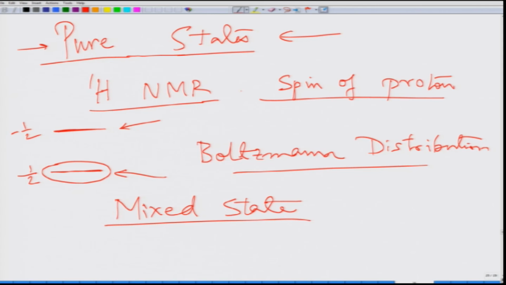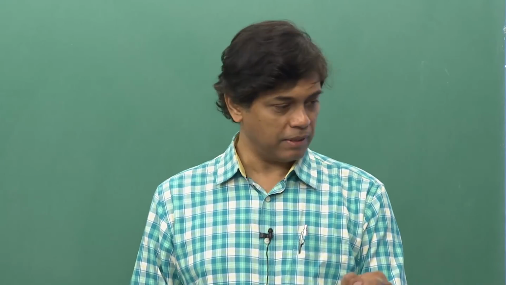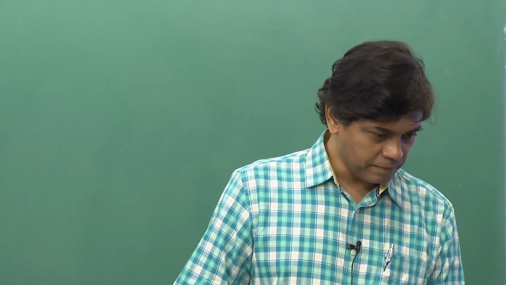So, that was one reason why initial ideas of quantum computing were based on NMR. NMR has its limitations, but still this very principle that you want to start with pure states was possible to be defined in terms of NMR. So, that was one thing.